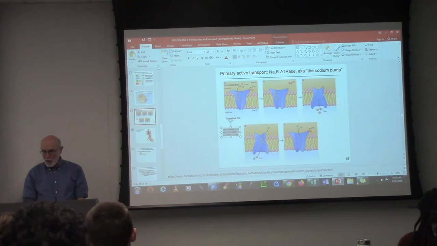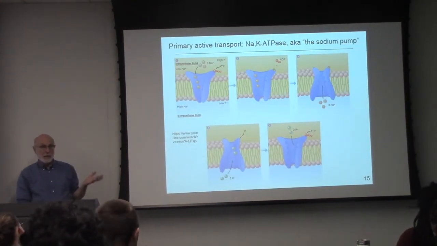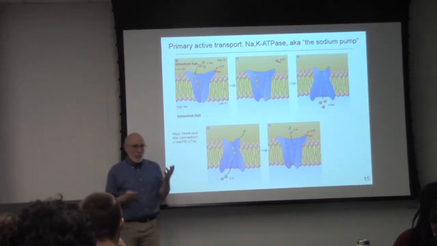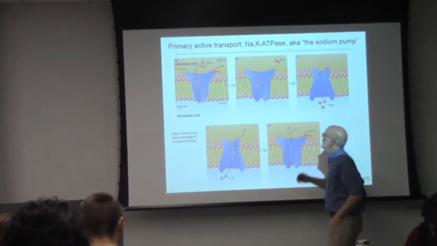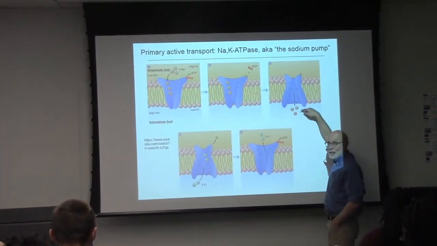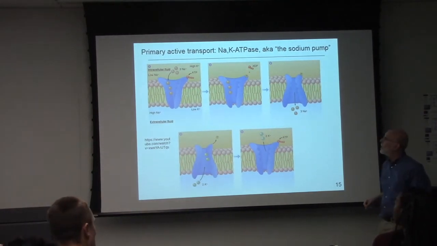So in your PowerPoint, this goes through it stepwise. It's upside down relative to the way you just saw it. So this is the inside and this is the outside. So you just have to get oriented every time you're looking at an image.